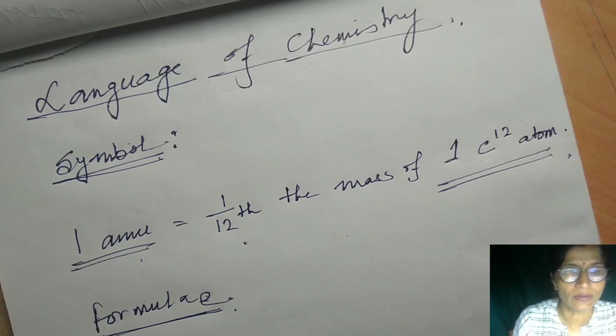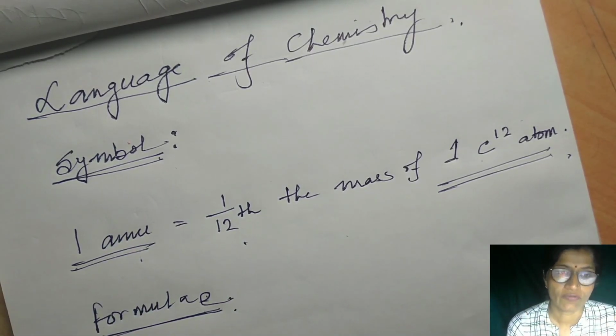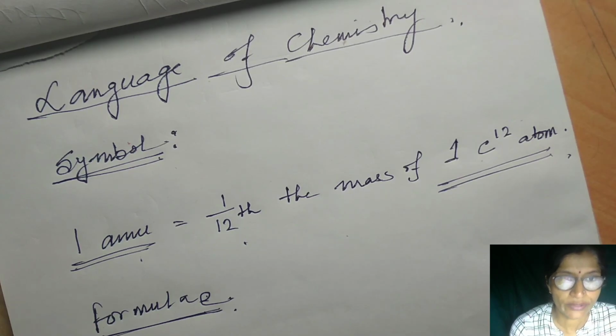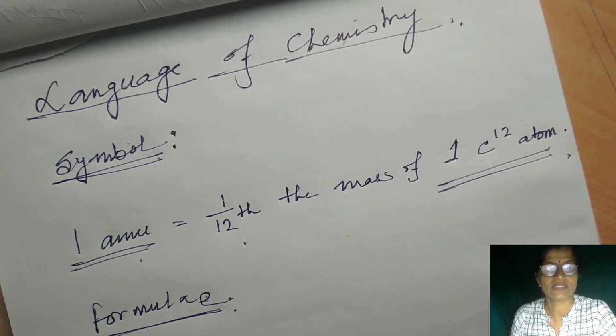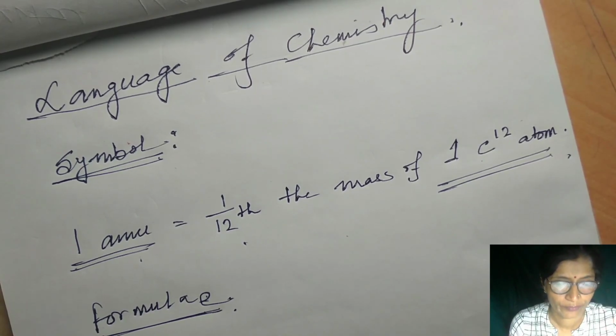For example, water. The formula for water is H2O. The formula for common salt, that is NaCl, sodium chloride. Formula for chalk, that is calcium carbonate, is CaCO3.